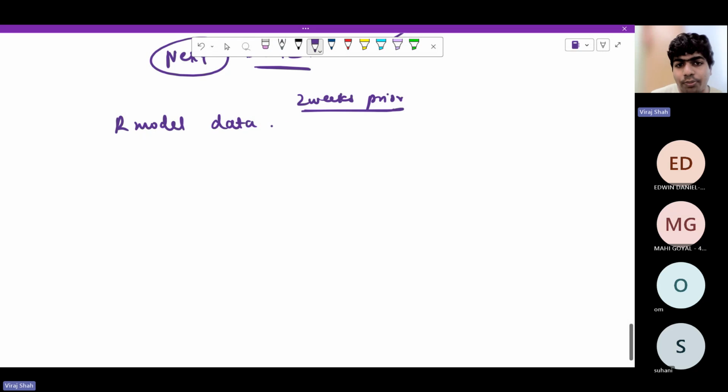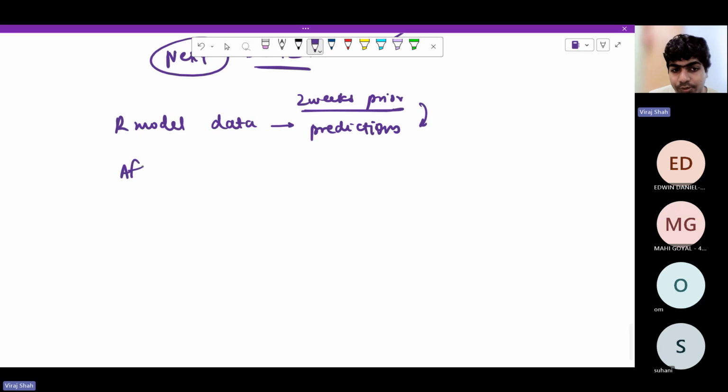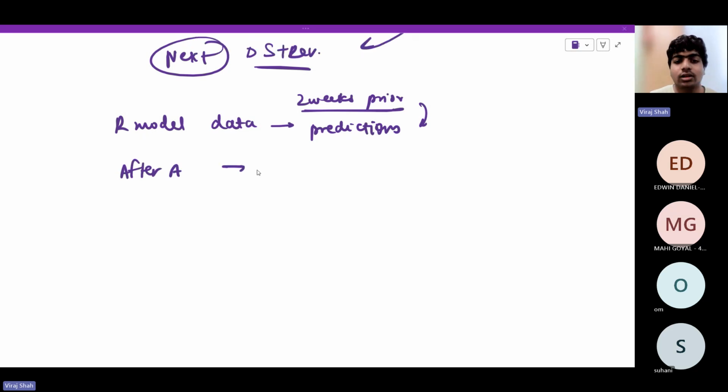So we give you predictions on which chapter the data comes from. 15 days prior, we give you one prediction, and after your A paper, we give you one more prediction, that after looking at today's paper, this is what you can expect in the next paper. These predictions do not mean that you only study these 5 chapters and go into the exam. I'm not telling that. You give priority to these chapters and then study the rest of the chapters.